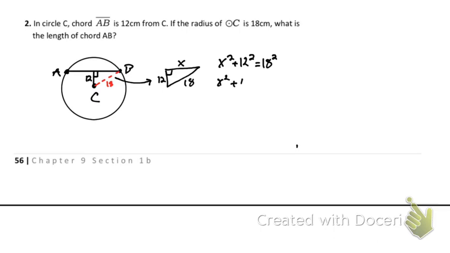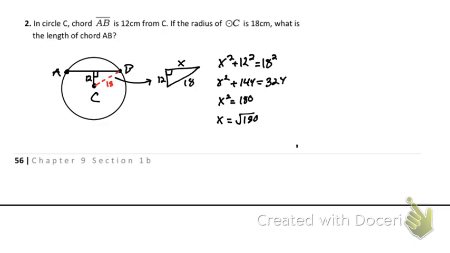There should be x squared plus 144 equals 324. We subtract 144 from both sides, and you should come up with x squared equals 180. Then we'll take the square root of both sides and come up with x equals square root of 180. 180 is really big. It's probably not simplified.